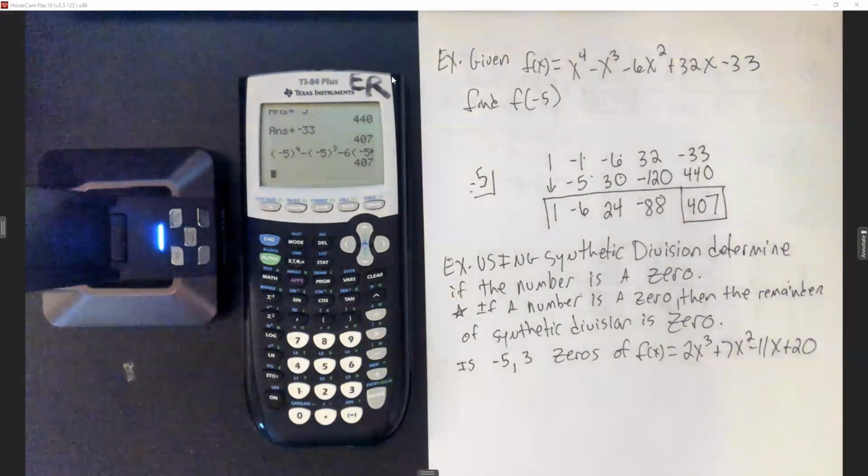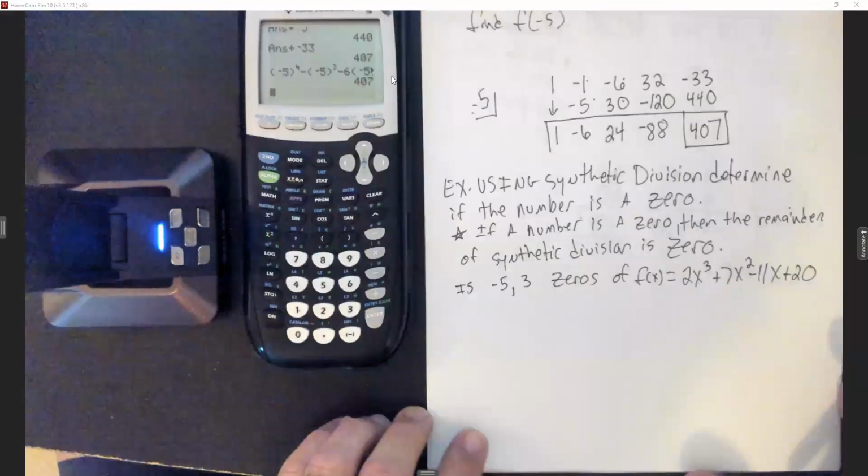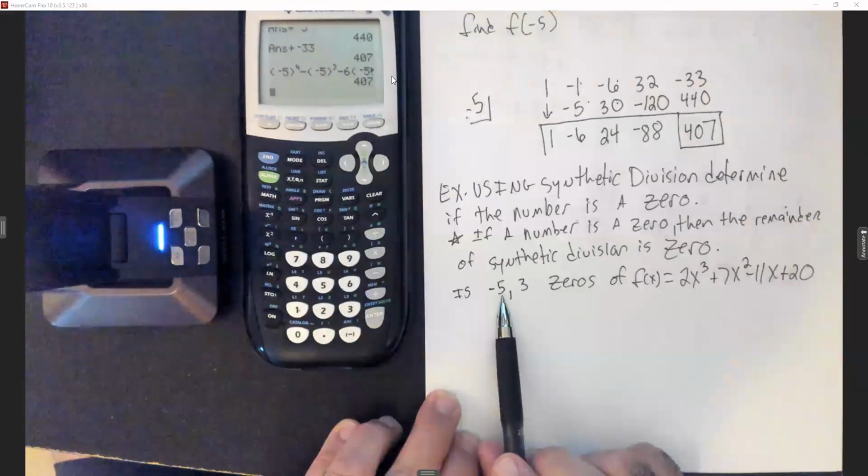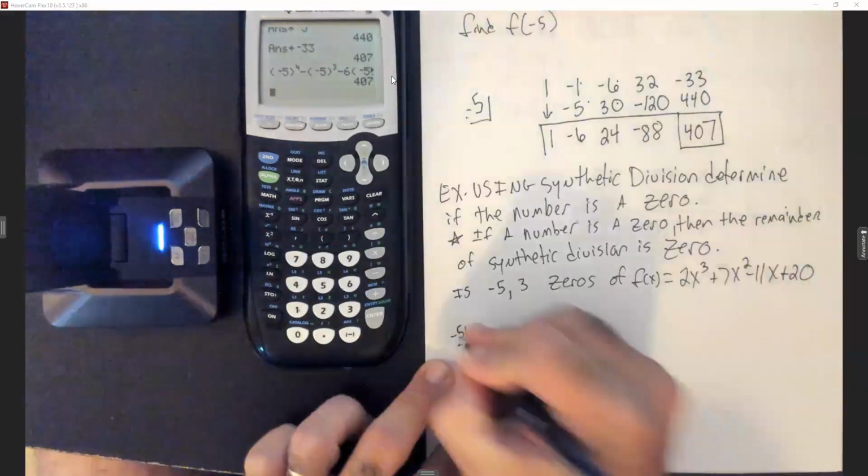Now we'll say this, you got to work this twice and put your answers in the order that they're giving you the numbers. So since -5's first, you want to run that 0 first and then do the 3. So I'm going to work -5 first.